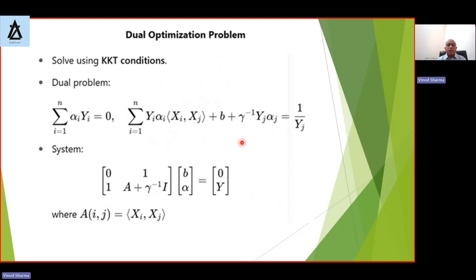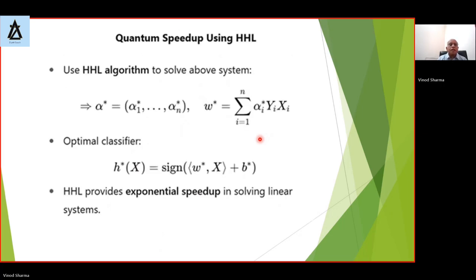This can be rewritten in the form of a system of linear equations like this. Alpha is the vector with components alpha i, and matrix A here has elements Aij equal to the inner product of xi and xj. So solving this will give the solution of the dual problem, which we denote by alpha star and B star.